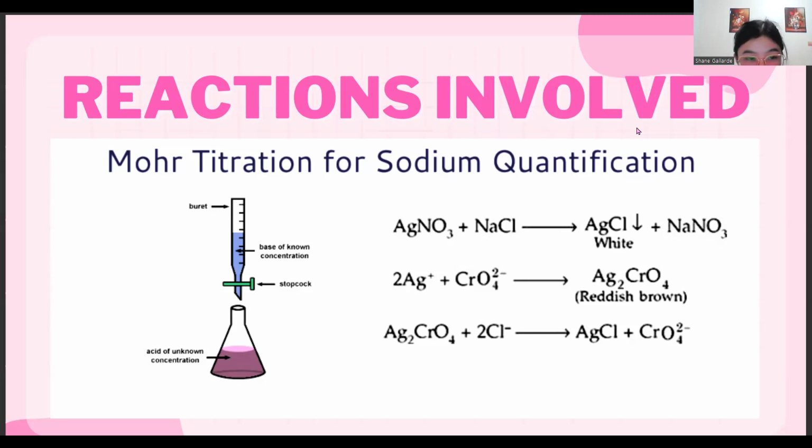The flask also contains some amount of potassium chromate, which is the indicator of this titration. The reaction starts when the stopcock of the burette is open. The silver ions will start to react with the chloride ions to form a white precipitate, which is silver chloride. As we can see in the reaction, silver nitrate plus sodium chloride forms silver chloride, which is the white precipitate. Next slide.